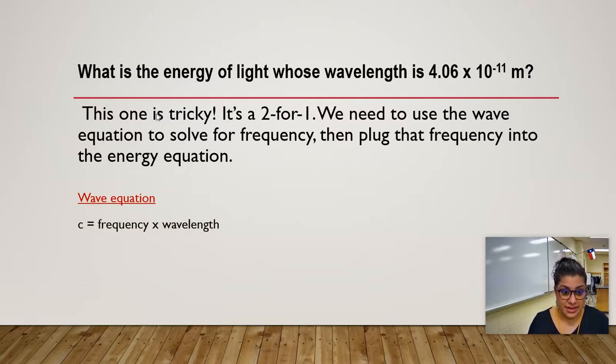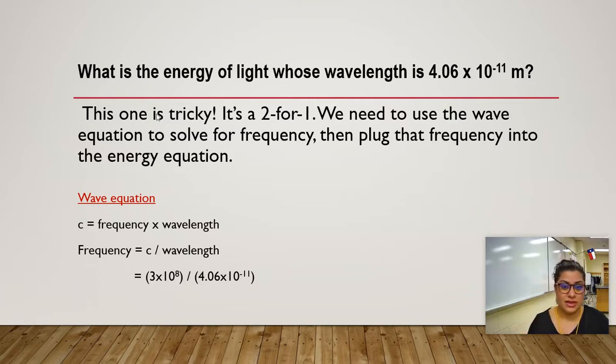Okay, so there it is again. There it is rearranged. Frequency equals C, speed of light, divided by wavelength. There's our constant for the speed of light, remember? And then the problem gives us the wavelength. And there is our frequency.